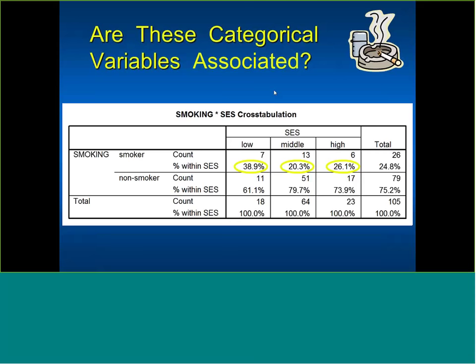And then you have the percent within socioeconomic status in each of those cells. You would interpret this as 38.9% of those in the low socioeconomic status group are smoking, 20.3% in the middle socioeconomic status are smokers, and 26.1% of the high socioeconomic status are smoking.